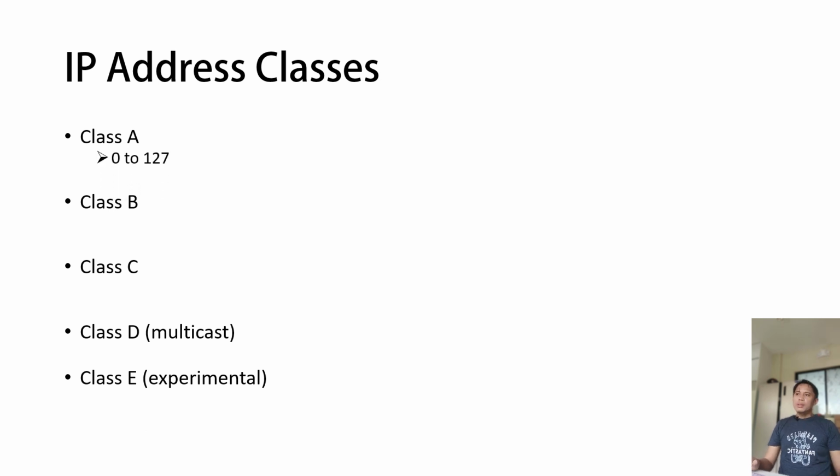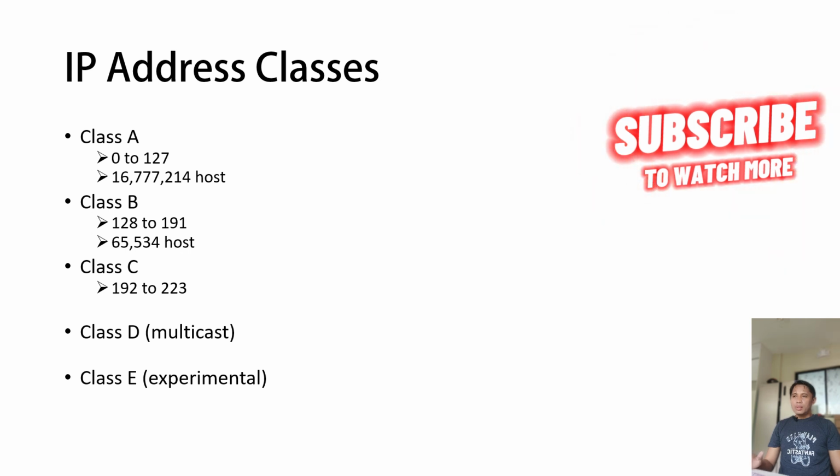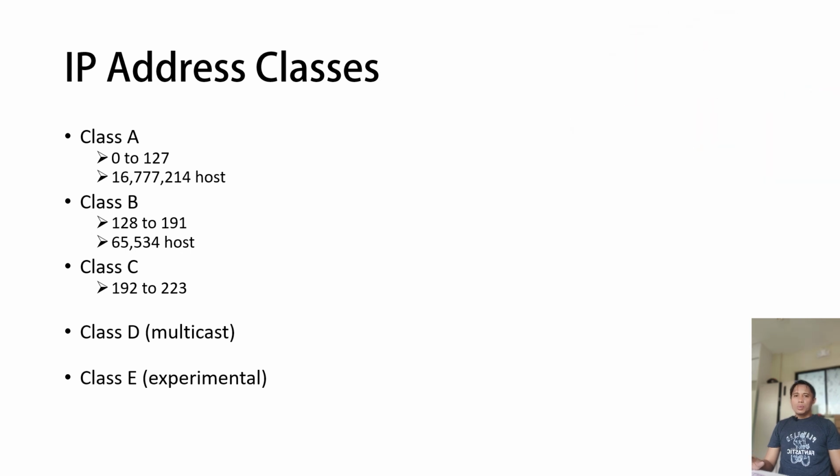Class A IP addresses start from 0 to 127 with 16,777,214 hosts connected on this specific Class A. Class B starts from 128 to 191 with 65,534 hosts. And then Class C starts from 192 to 223 with 254 hosts.